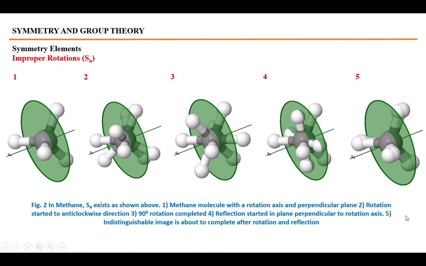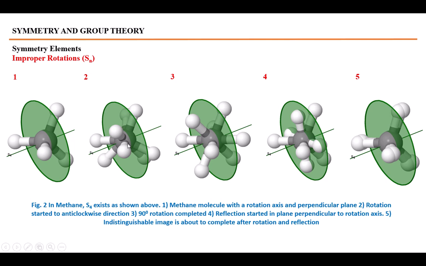Another example of improper rotation is the methane molecule. Suppose we have an axis passing in between two hydrogen atoms like this one. It is an S4 axis. If we rotate the molecule by 90 degrees here, it will not give you an indistinguishable image.